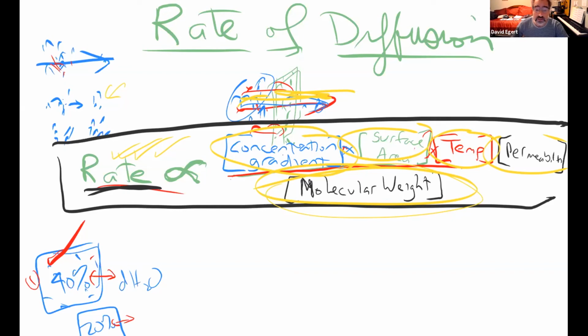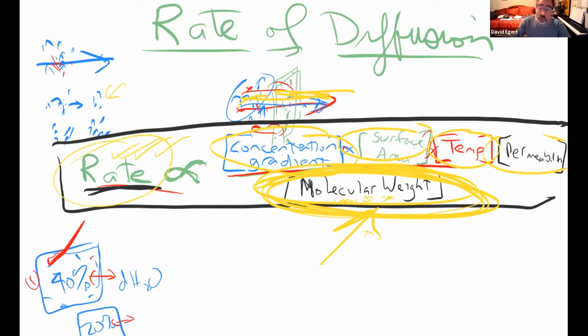So hopefully this is giving you some sense of this idea. Again, if we think about molecular weight here, the higher the molecular weight, assuming all the conditions are the same, the slower the rate of diffusion is going to be. So does that make sense?